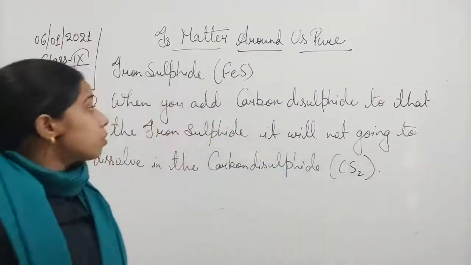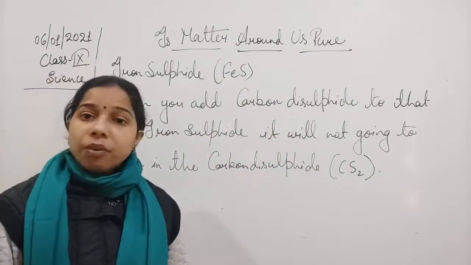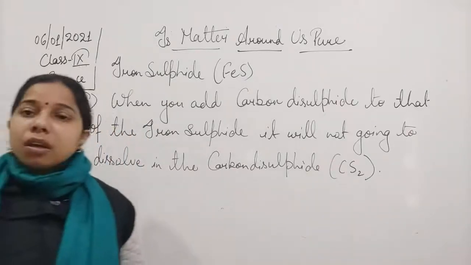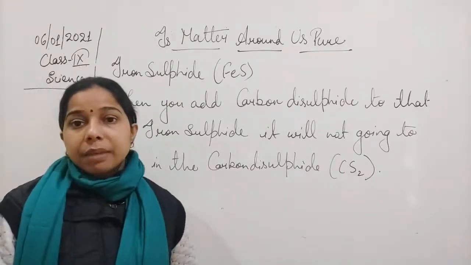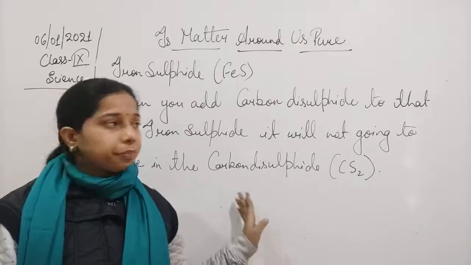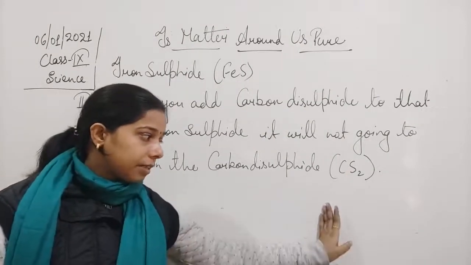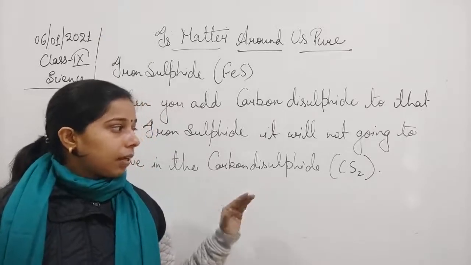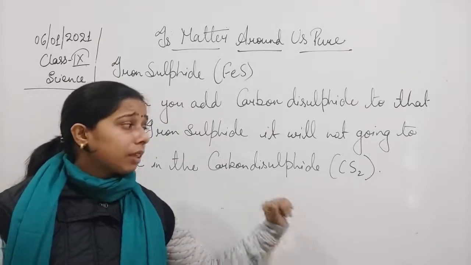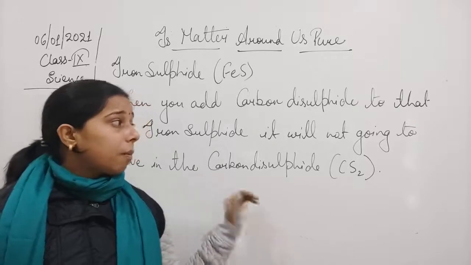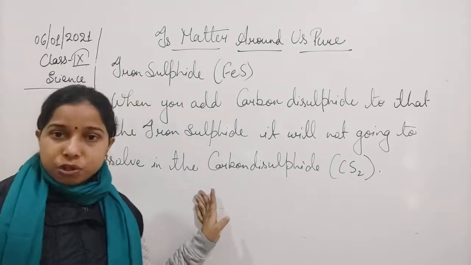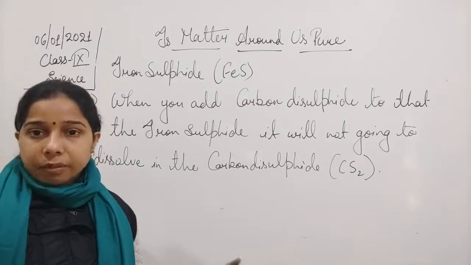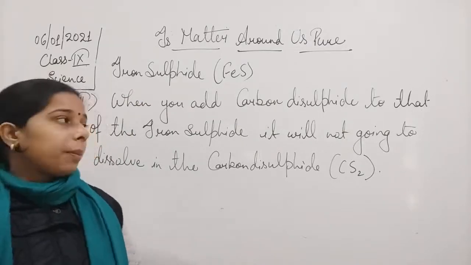So you can see here, students, that when we took the mixture of iron filings and sulfur powder and mixed it in carbon disulfide, we found that the sulfur easily dissolved in the carbon disulfide, but the iron filings remained as such. So that is a property of sulfur: it gets dissolved in carbon disulfide.